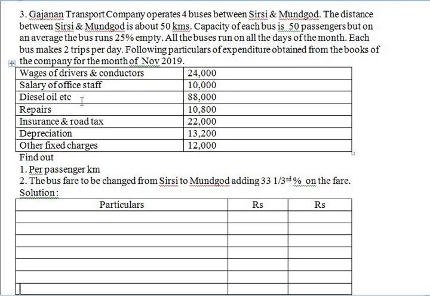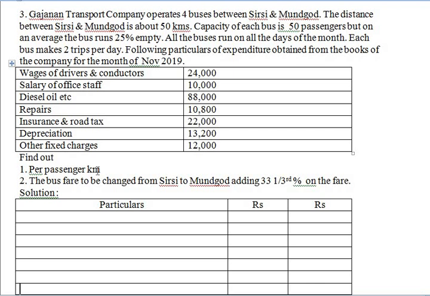Salary of office staff, again first. Diesel, oil, etc. come under the third point, running charges. Next is repair, which will come under repairs and maintenance. Insurance and road tax, again fixed, first. Depreciation fixed, other fixed charges.